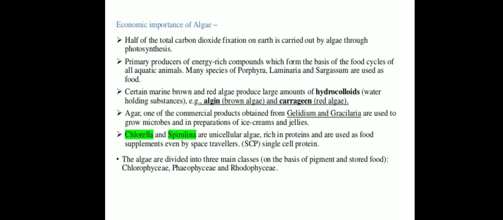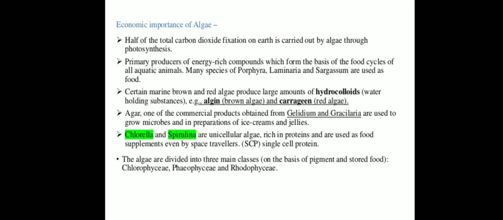So algae have some economic importance. What are those? Let's see. Half of the total carbon dioxide fixation on Earth is carried out by algae through photosynthesis. Primary products are energy-rich compounds which form the basis of the food cycles of all aquatic animals.